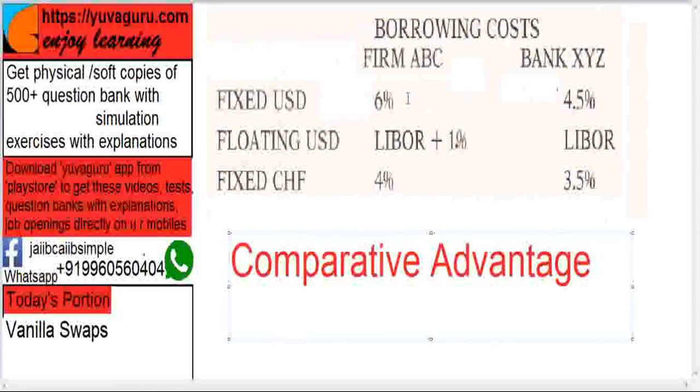Remember this word, lesser disadvantage means comparative advantage. Here if it purchases, it has a loss of 1.5%. Here it has a loss of 1% from the bank. So the lesser disadvantage is in floating USD. So I'll try to minimize my losses and purchase floating USD. This is the meaning of comparative advantage.